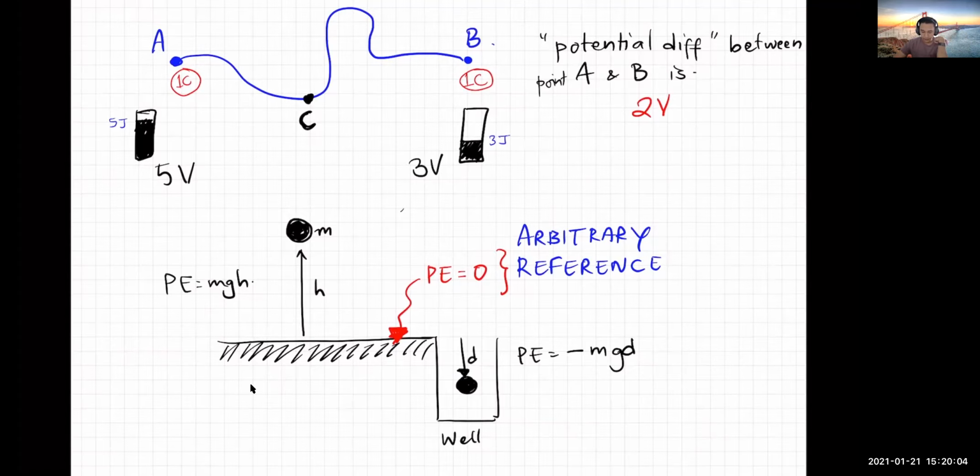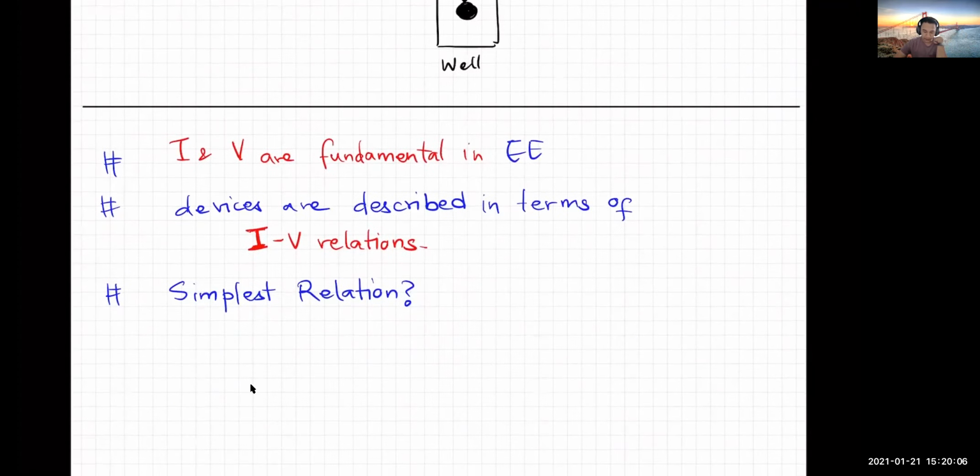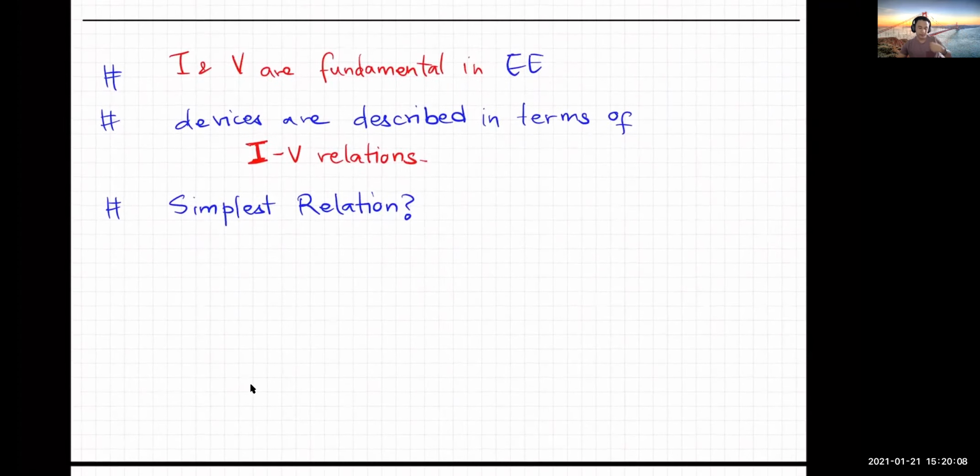Okay. So next, let's see. Currents and voltages are fundamental quantities in electrical engineering. They're so fundamental that any device is described in terms of currents and voltages, right? It's in fact called the IV relationship of a device, okay?